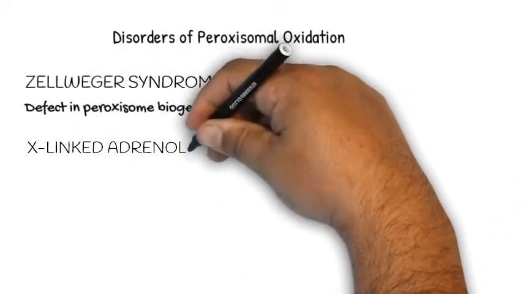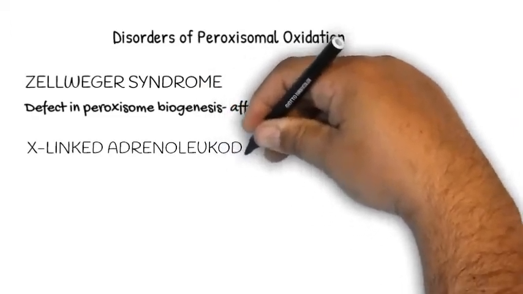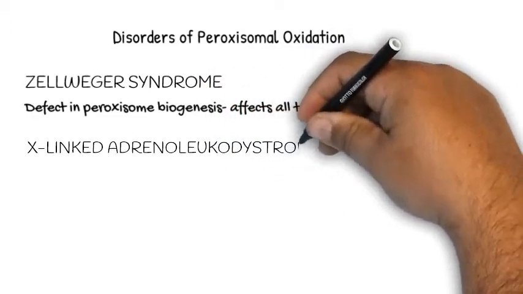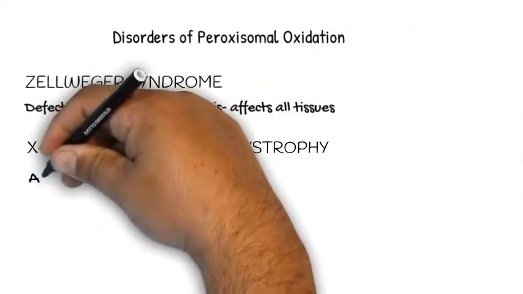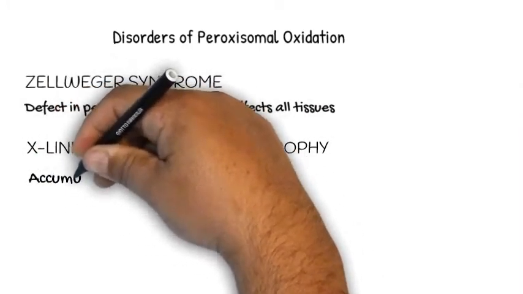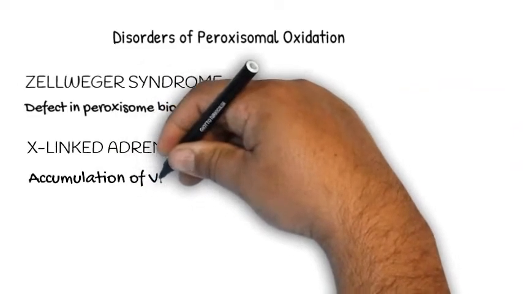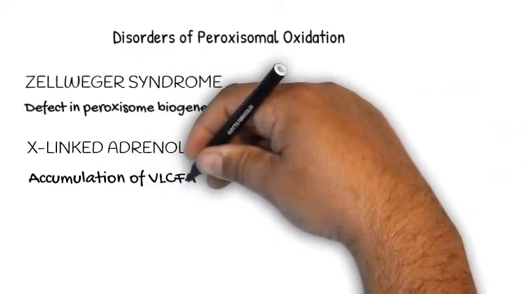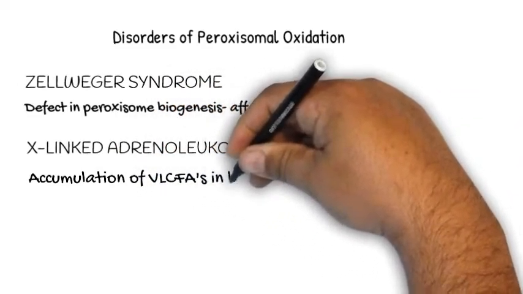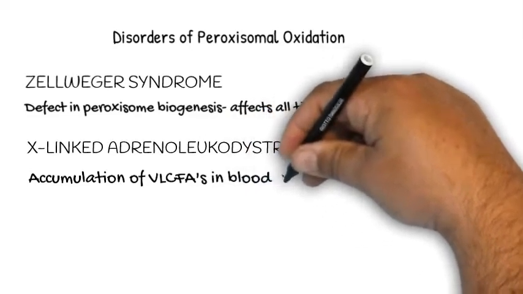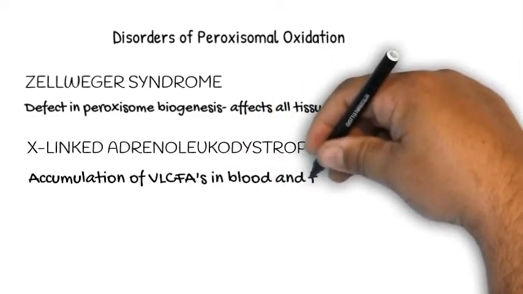Another one is the X-linked adrenoleukodystrophy. And in this particular disorder, again, the very long chain fatty acids will accumulate. They accumulate in the blood and in the various tissues.